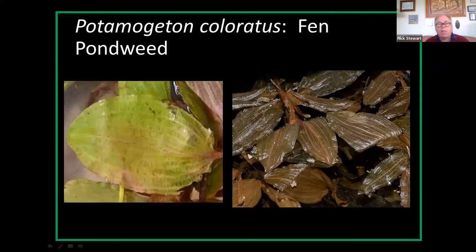Now, the third one I mentioned, in this context of ones that could just have floating leaves, is the fen pondweed, Potamogeton coloratus. Normally it produces these translucent underwater leaves, but just occasionally when it gets to the surface, it produces a leaf that is more opaque, and often not completely opaque.